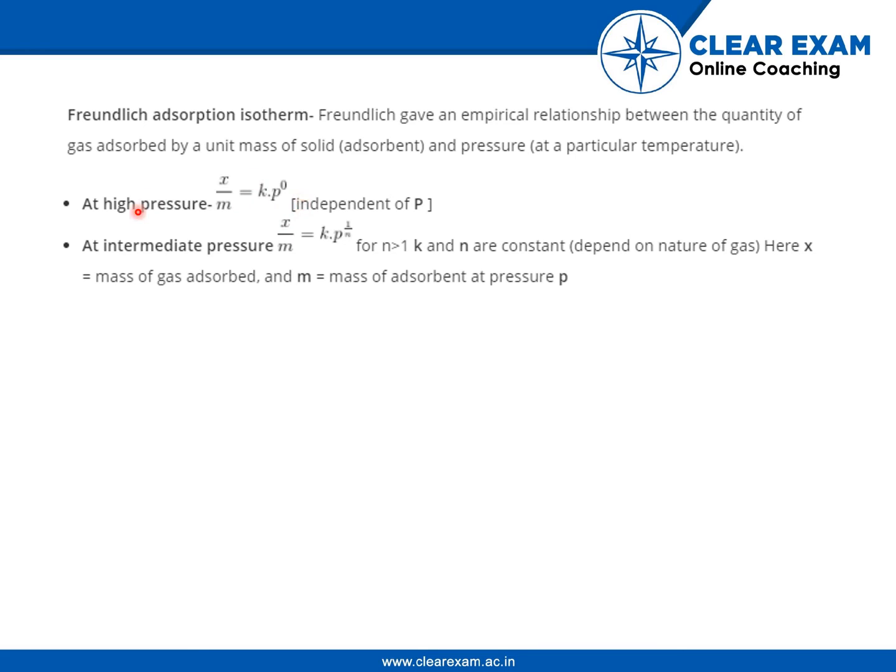We can say that the amount of gas adsorbed is independent of the pressure. And at some intermediate pressure, this formula will be helpful if you remember it. I suggest you remember this formula for the Freundlich isotherm.